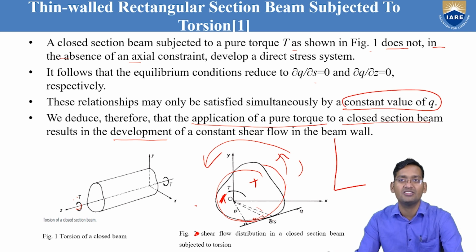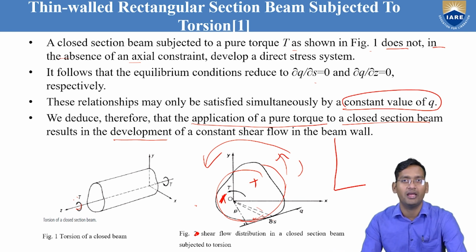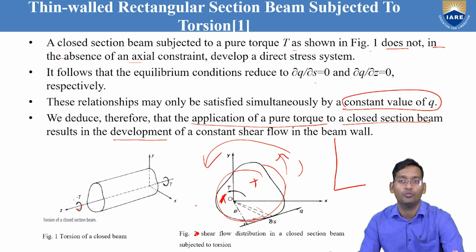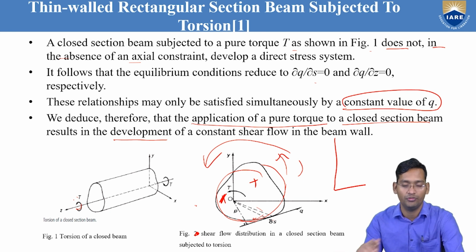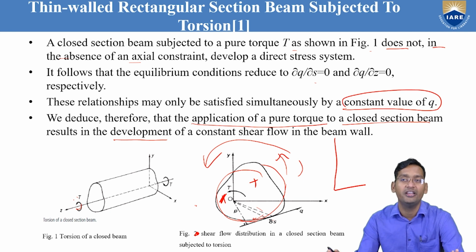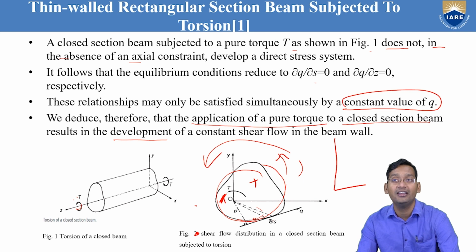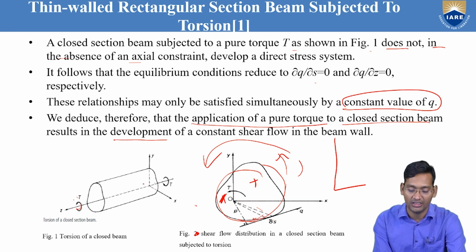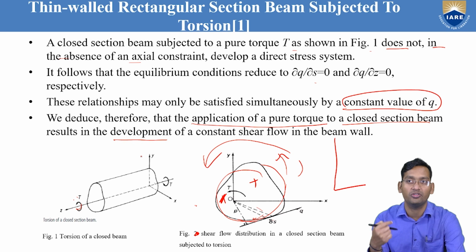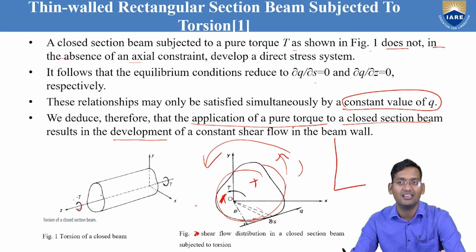Okay, it develops a direct stress system, because stress will be developed along those axes. Once we have the stress system, it follows the equilibrium condition, right? So when the equilibrium condition is there, del q by del s along the surface will be equal to 0, because there is no change in that, and del q by del z, because along z we are rotating, the z axis also is not changing, so del q by del z also will be equal to 0.